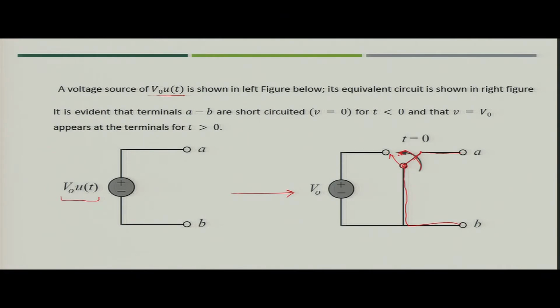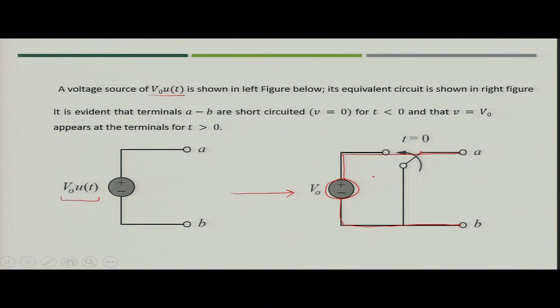If you put this switch to this side, then after that switching event the circuit will become this.